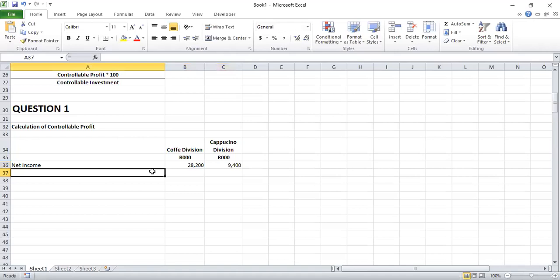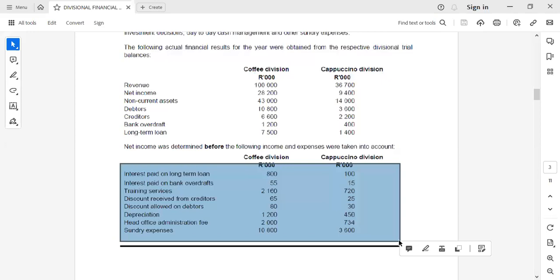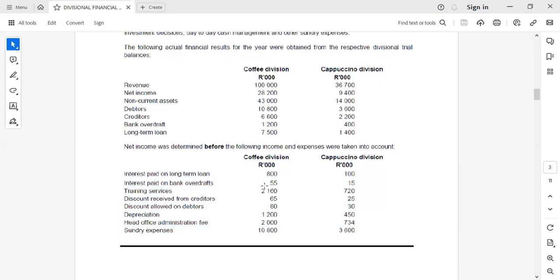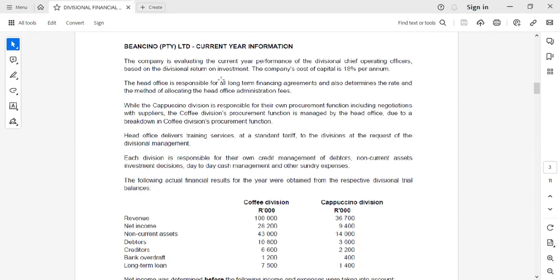These things were not included. So we have to include them if they are relevant, and exclude them if they are irrelevant. Interest paid on long-term loan will be irrelevant. Why? Because we are told that head office is responsible for all long-term financing agreements.